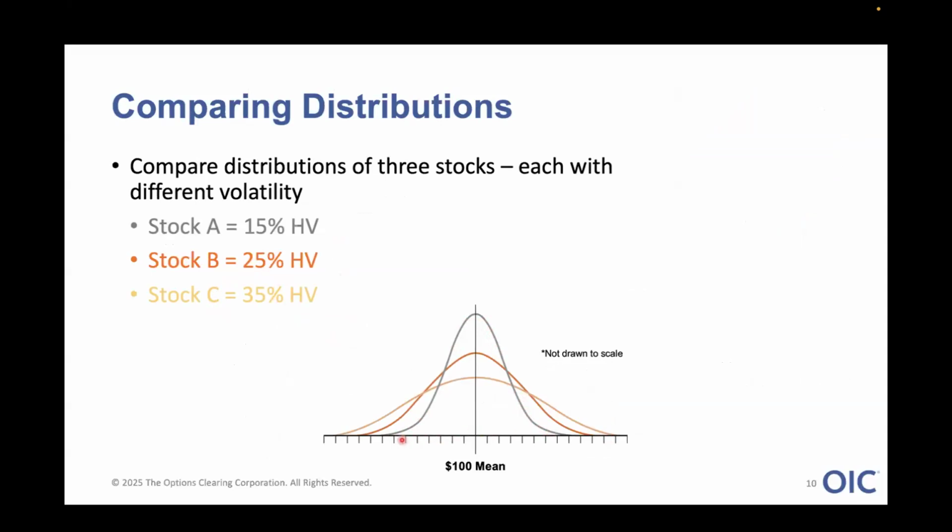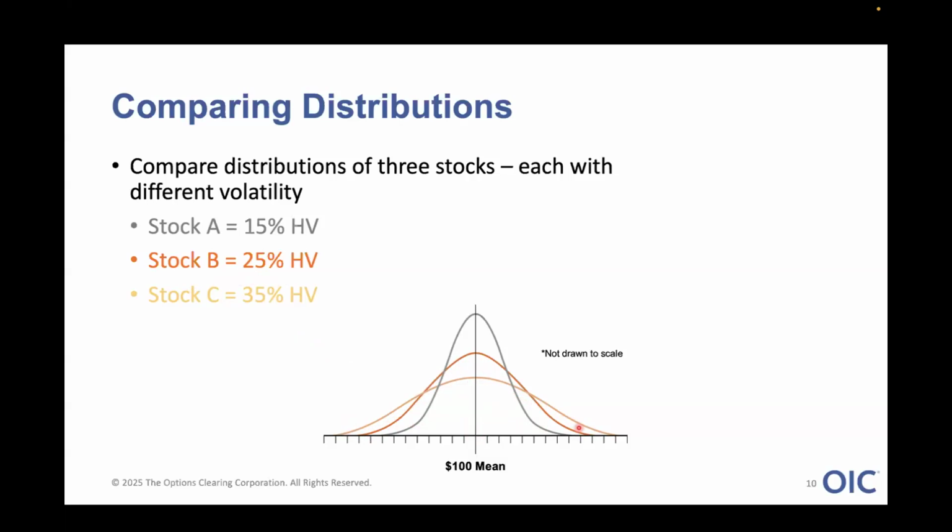And it has the tightest price distribution around its mean price. Then you have stock B here that trades at a 25% historical volatility. It's a little more volatile. And then stock C in yellow is the most volatile. So stock C has the most amount of price distributions around its $100 mean price.